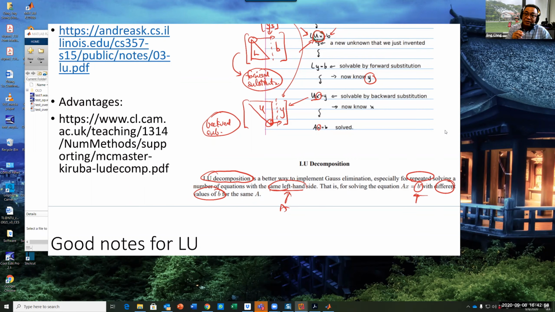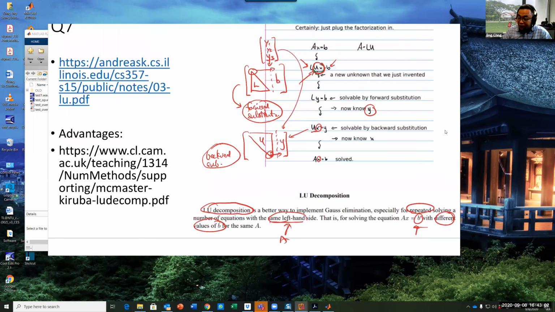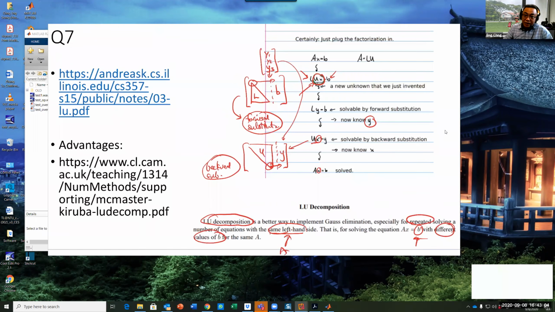Now, if A is fixed, then if we perform LU decomposition, it is a much more efficient method. Okay, so now you understand the rationale behind LU decomposition.